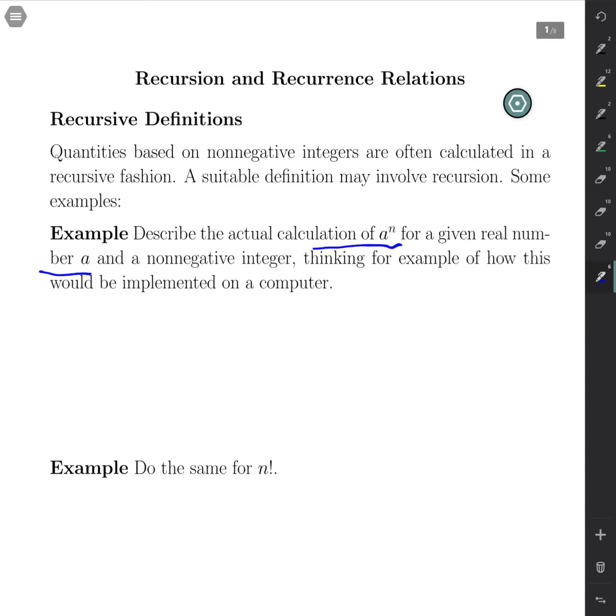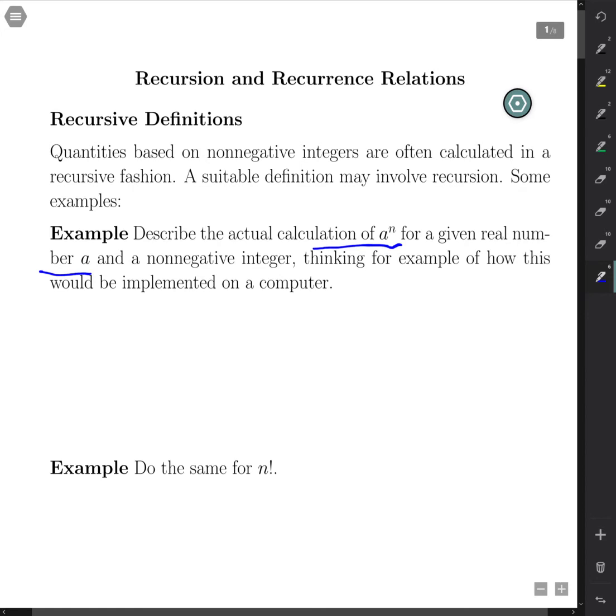So for example, if we wanted to calculate 15 to the 7th power, we might first of all calculate 15 squared, and then 15 times 15 squared to get 15 cubed, etc., like so. And in fact, in actual practice, that's how this would be done, even if done by a computer.